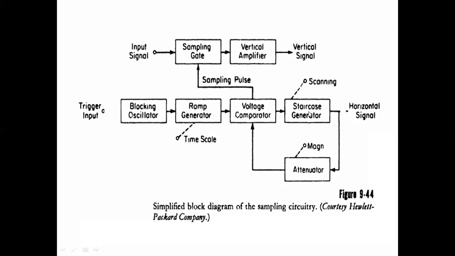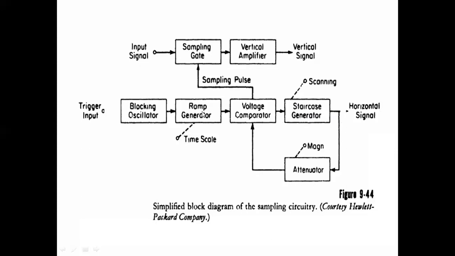I will show in a diagram how this is generated. The next staircase signal voltage is more than the previous staircase signal, and that next stage will be applied to the voltage comparator.